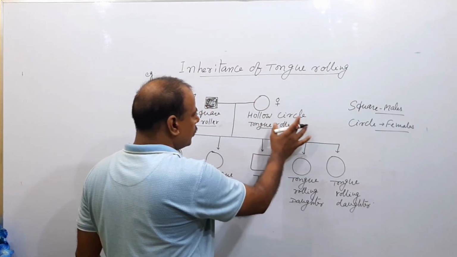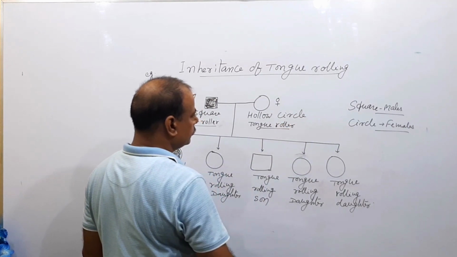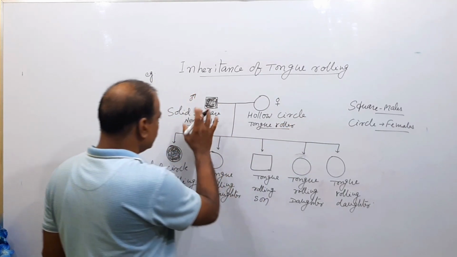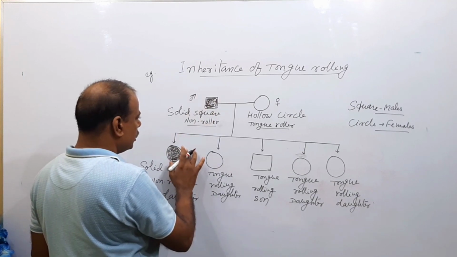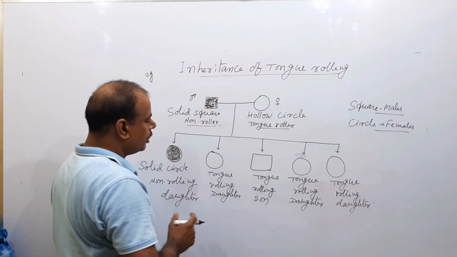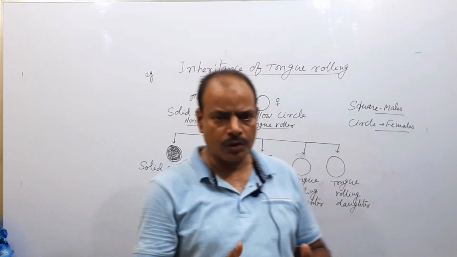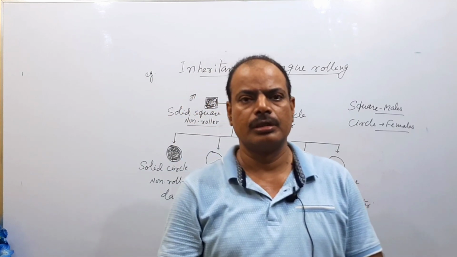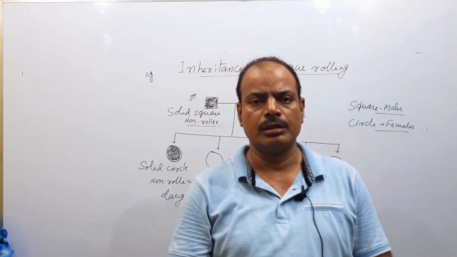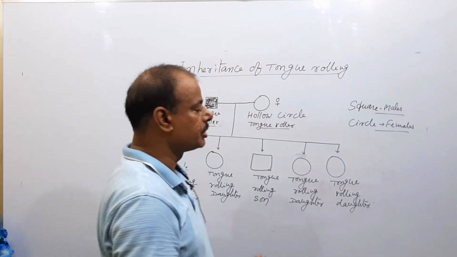Here it is hollow circle, tongue roller, and this one and this one are the non-rollers. Non-rolling feature appears only in the homozygous recessive condition.